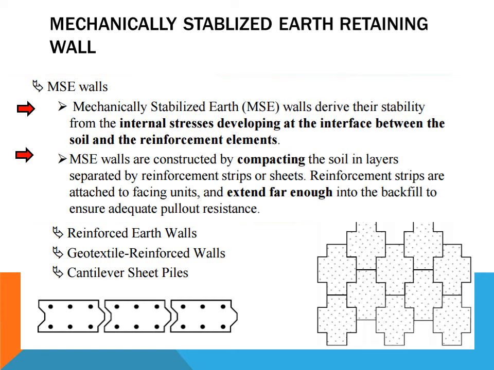Alright, so MSE walls are constructed by compacting the soil in layers, which are separated by reinforcement strips or sheets. Reinforcement strips are attached to the facing unit and extend far enough into the backfill to ensure adequate pull-out resistance.